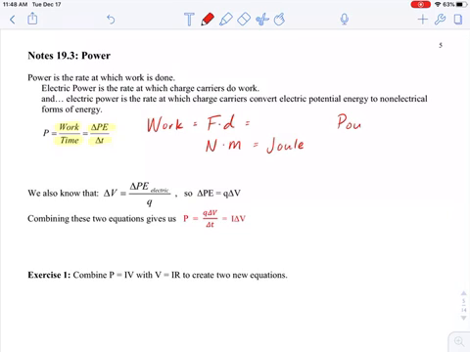And then power has a unit of joules per second because we're taking energy or work per unit time. And the unit for power, when we combine joules over seconds, we call it the watt. So power is measured in watts, or you can just write a capital W.